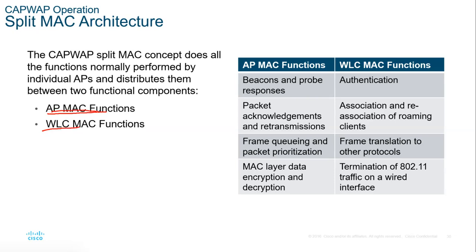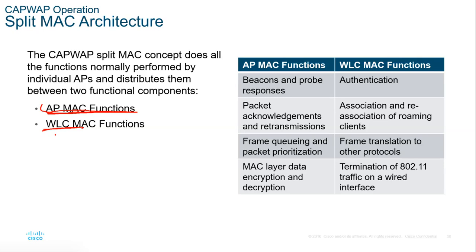AP MAC function means that the APs have to manage their functions by themselves, and when it comes to the controller, it means that the wireless LAN controller will manage the functions.